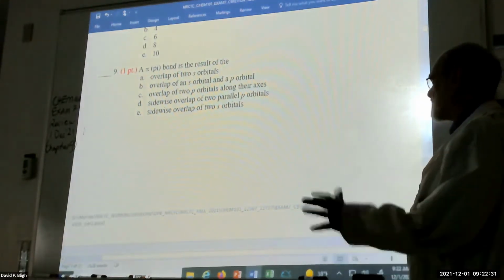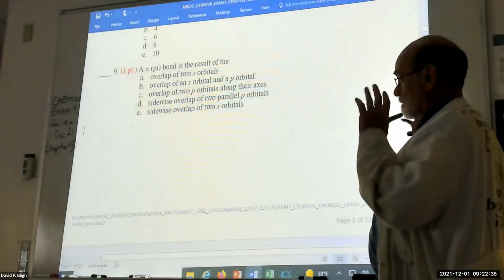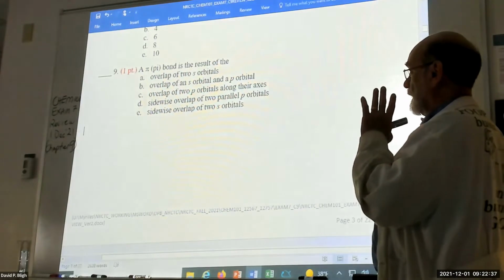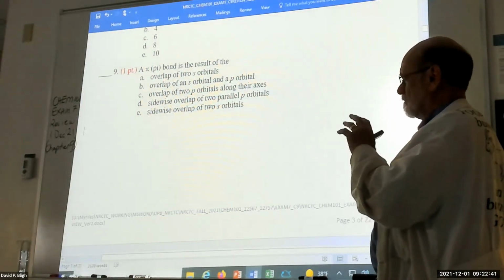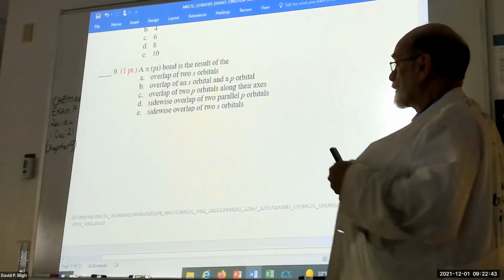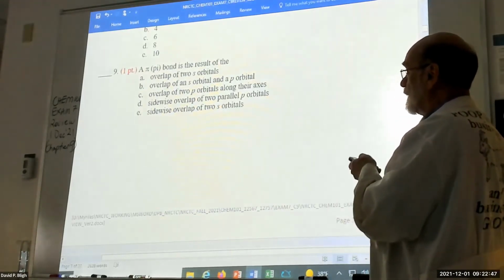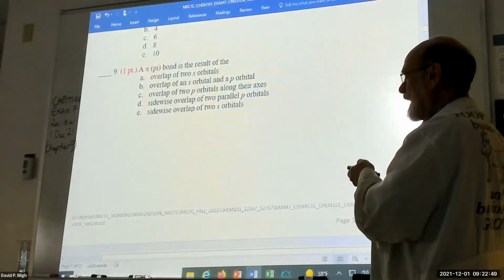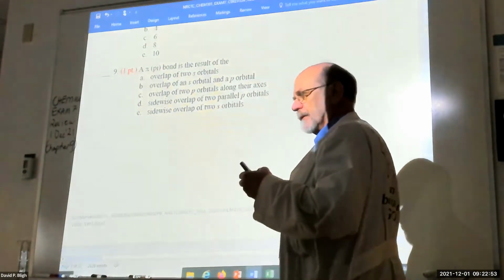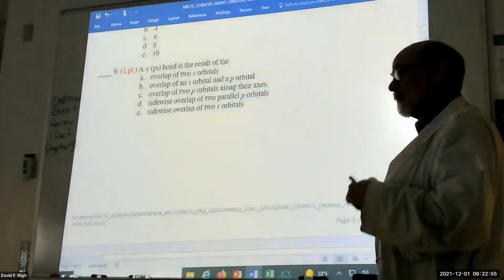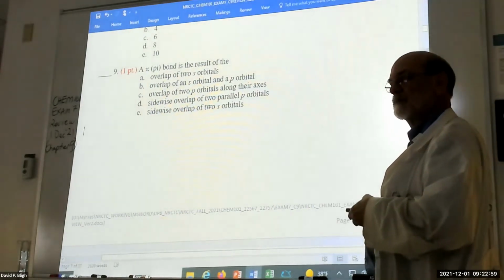All right, simple question. With what we know about orbitals, the answer here would have to be based on our hybridized orbital model. If we go to the molecular orbital model, then it doesn't make much sense.